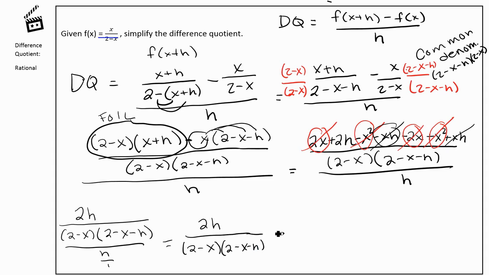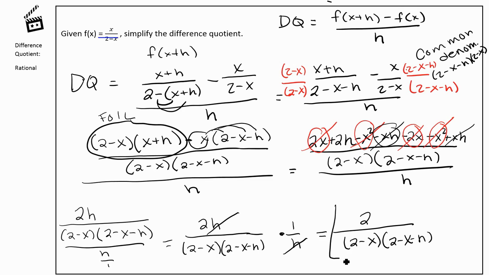So we're going to multiply by flipping h over 1, which will be 1 over h. Okay, when we do that, look, now we've got an h up top and an h in the bottom, so those cancel out. And we're left with 2 over 2 minus x times 2 minus x minus h.